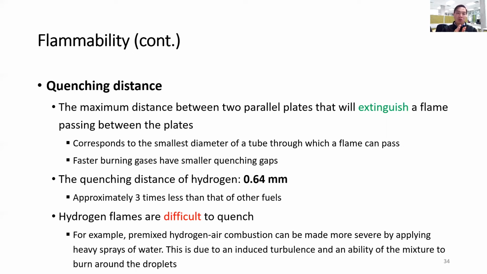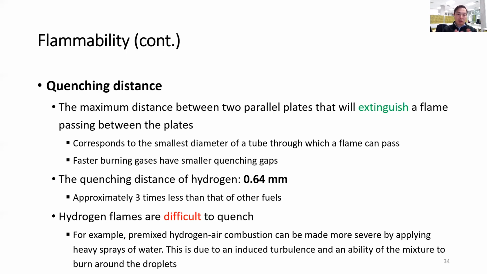For a gas that has a very fast burning rate, this quenching gap is going to be really small. For hydrogen, this quenching gap is in the order of 0.54 millimeter. So it's just slightly larger than half a millimeter.